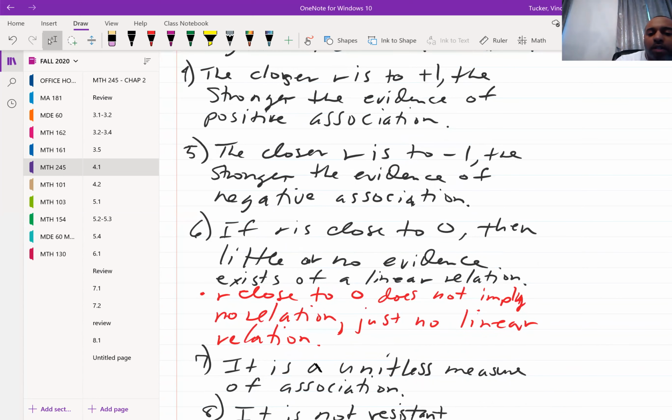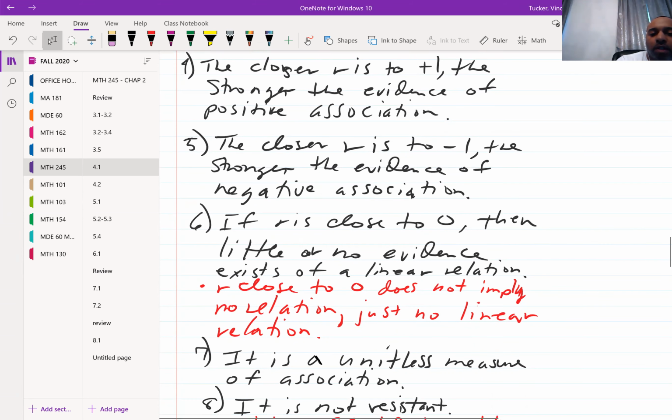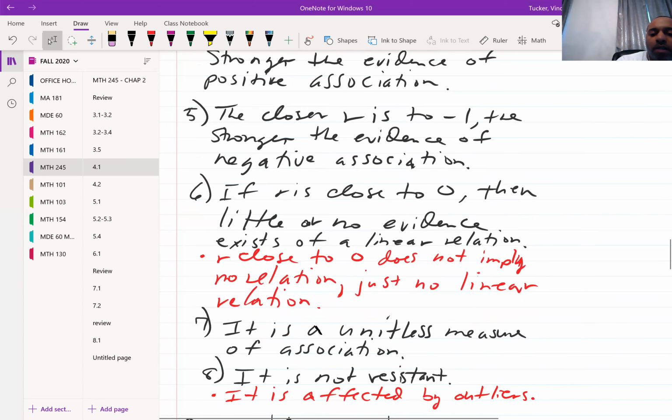Number 7, it is a unitless measure of association. And then 8, it is not resistant. So that means it is affected by outliers. Remember, we talked about being resistant versus not being resistant. I think it was last class, might be class 4, when outliers do affect it.